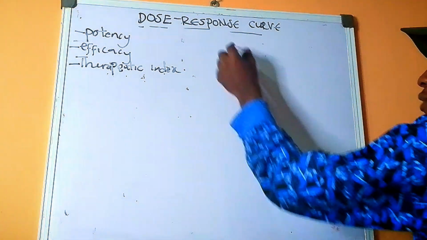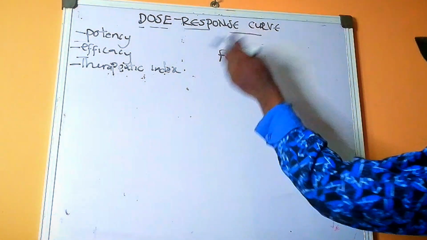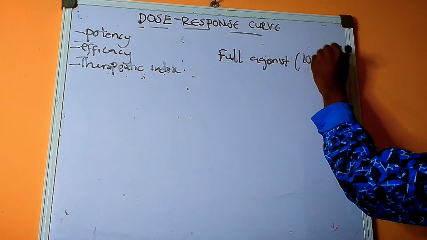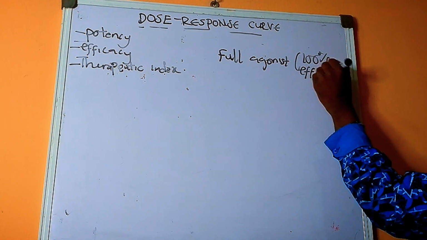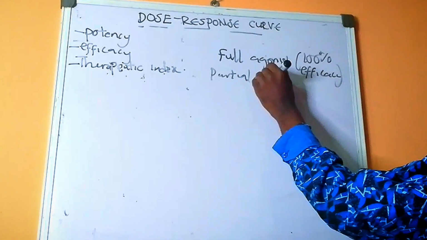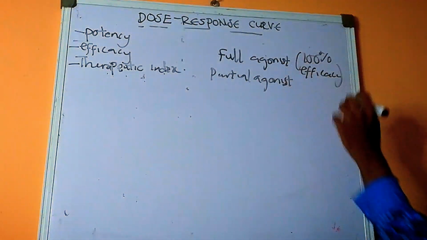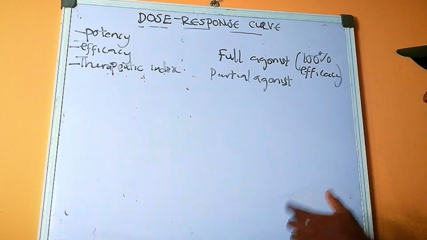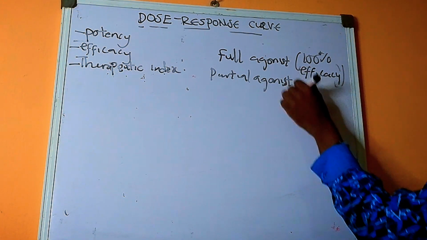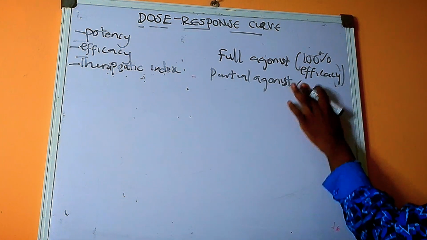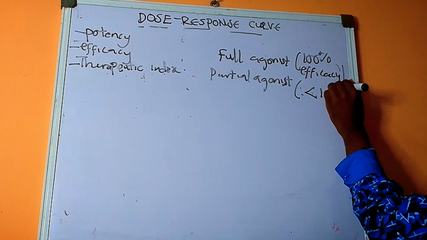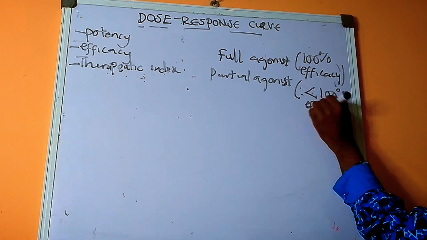We know that a full agonist maximally stimulates a receptor, producing 100% efficacy, while a partial agonist does not completely stimulate a receptor, and the effect of the drug on the receptor is less than 100% efficacy, sub-efficacious.